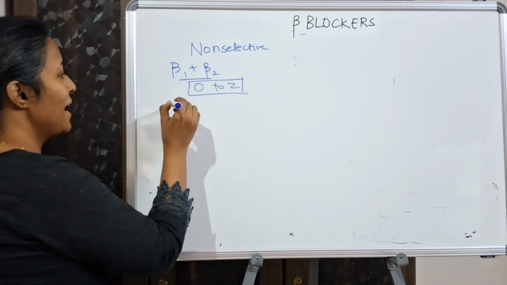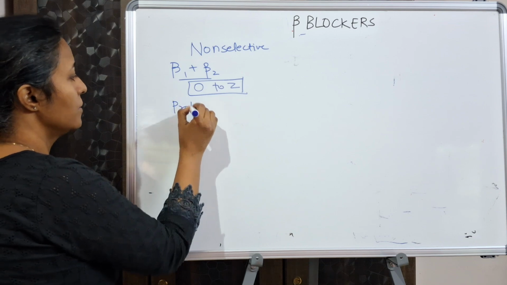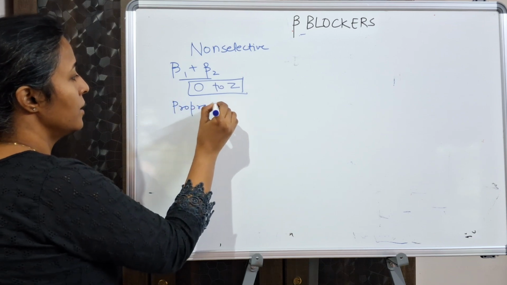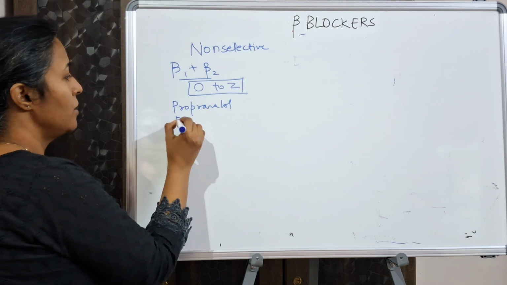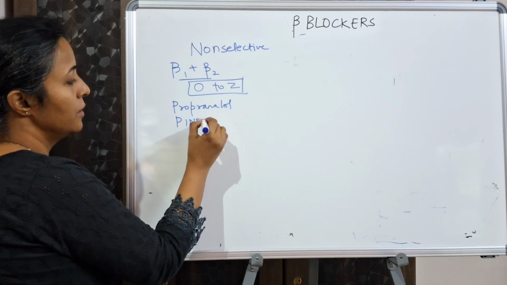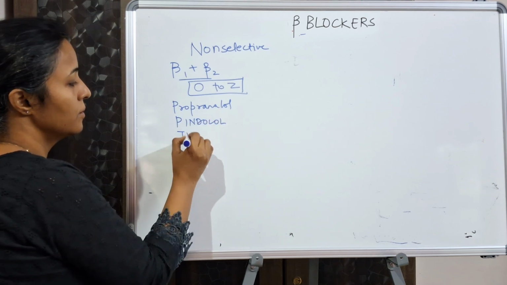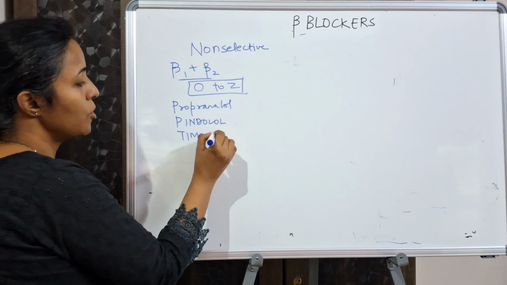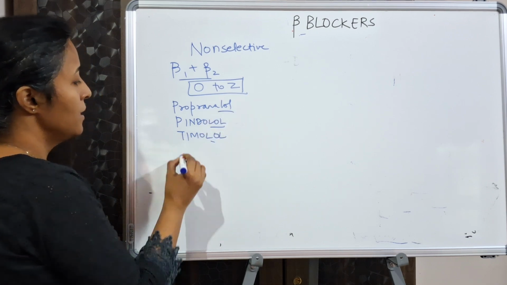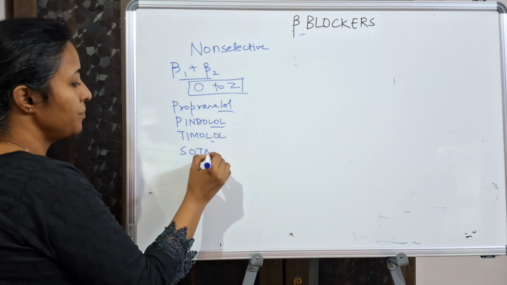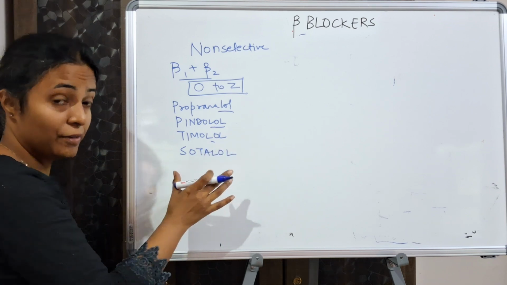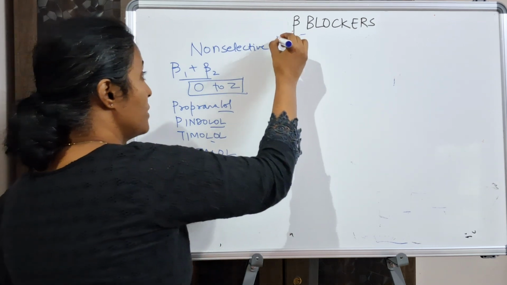Okay, so we have here propranolol, pindolol, timolol. All are ending in lol. All beta blockers end in lol. Okay. Sotalol, one we will discuss. Okay, so that is non-selective.